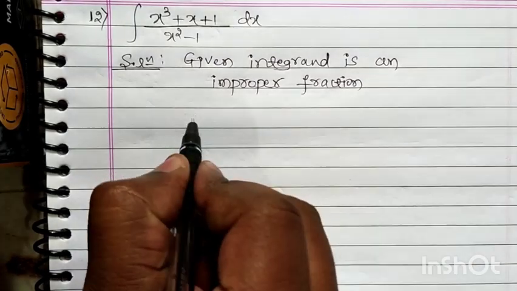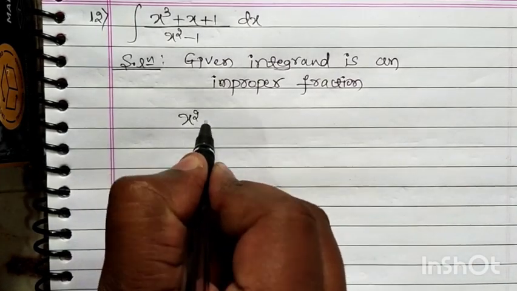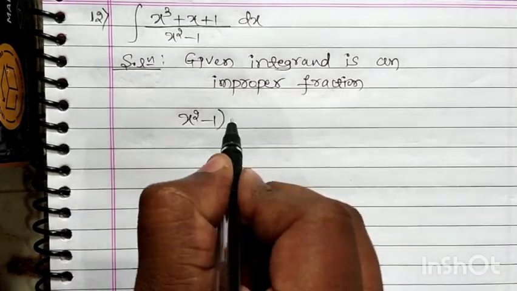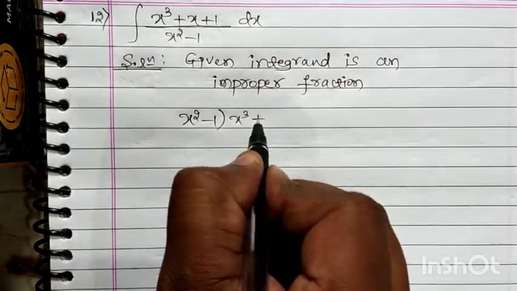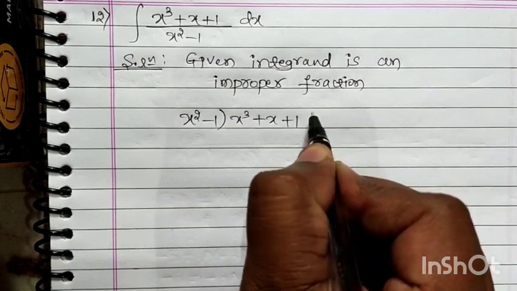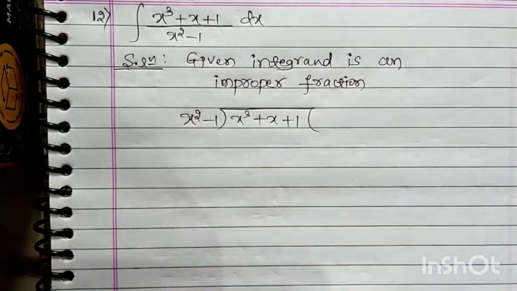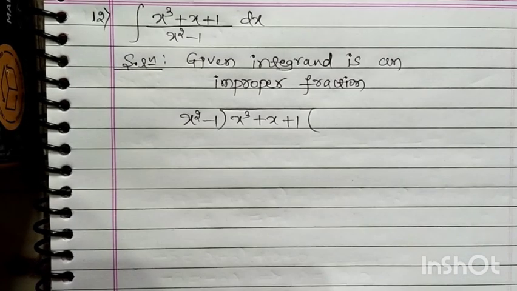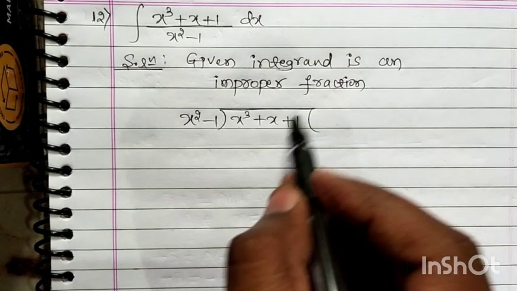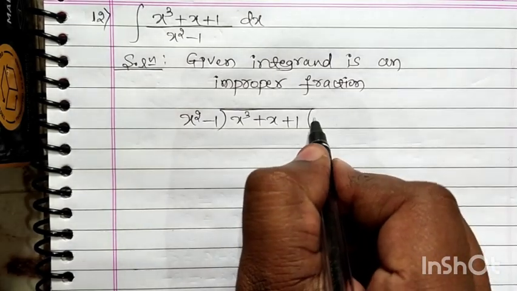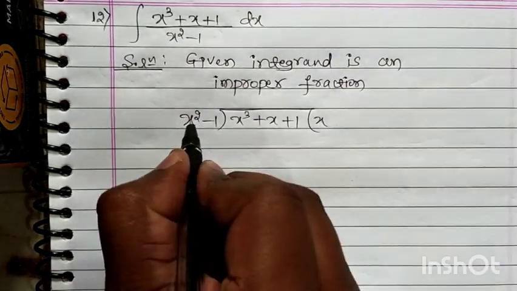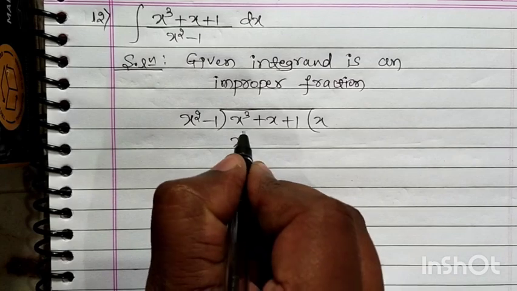So here x square minus 1 and then x cube plus x plus 1. So we have to divide the numerator by the denominator. See the first term, it is x cube. So we have to take x here. X into x square, it is x cube.